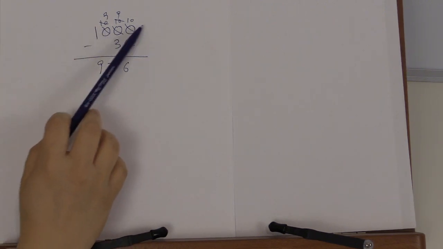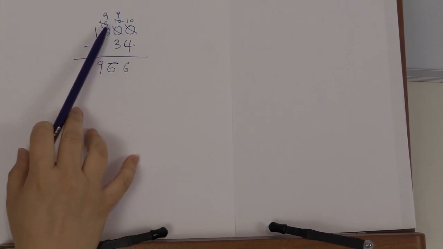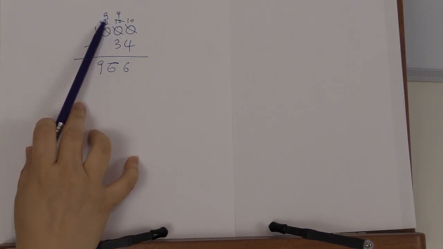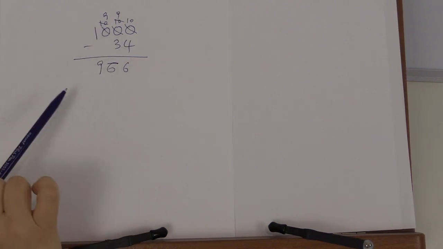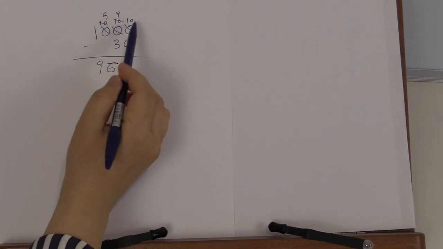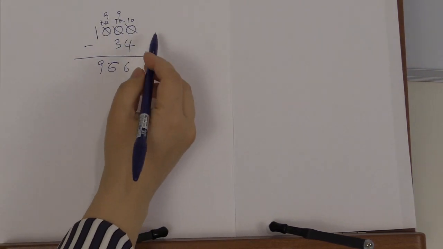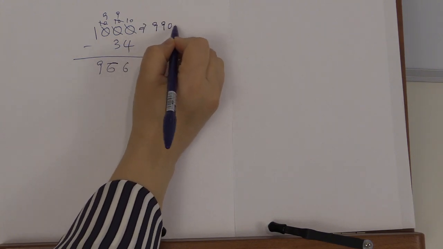I promise you, this is very difficult for the kids to show why we are doing this. What does all this number mean in here? Why is this 10, but this is not 10, this is 9? Why is that? What does it mean? Can anybody tell me what this number represents? We are trying to regroup this number 1000 to 990 plus 10.